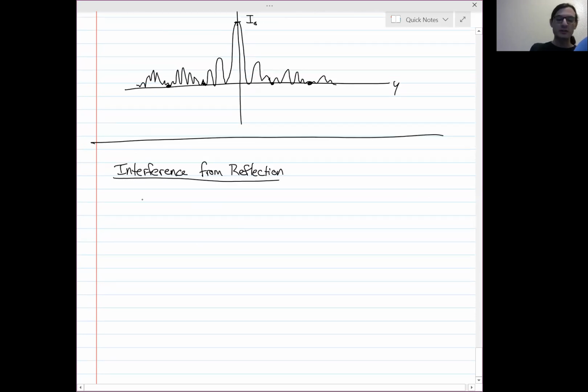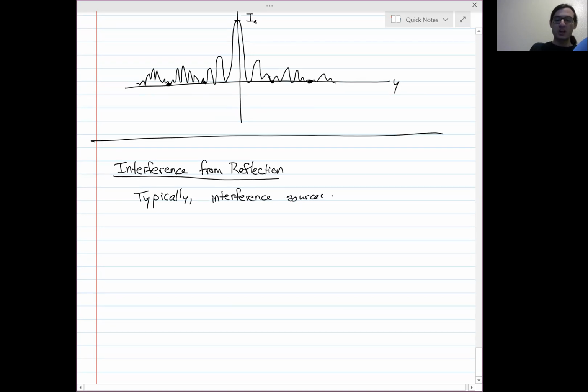So typically, interference sources of light that interfere with each other are separated side by side. Right, this is the picture of the double slit.